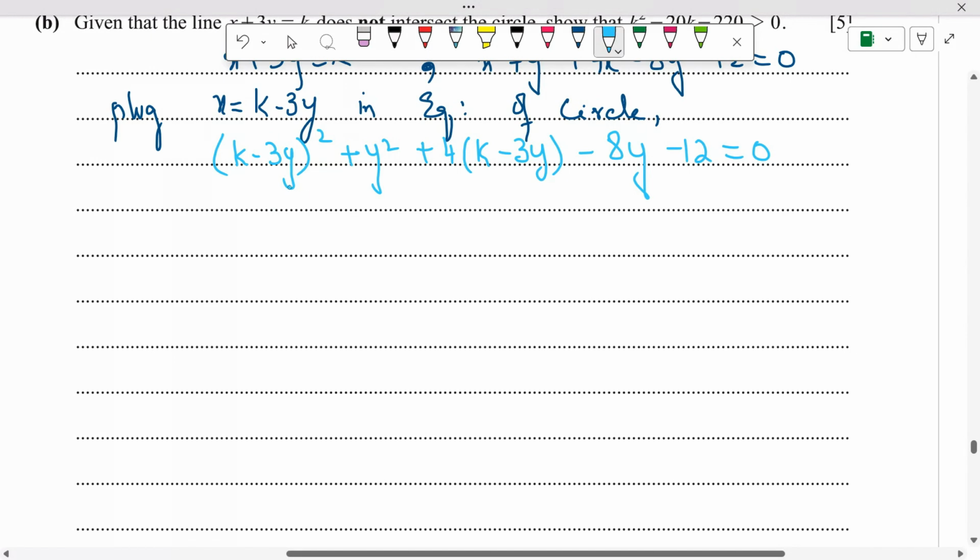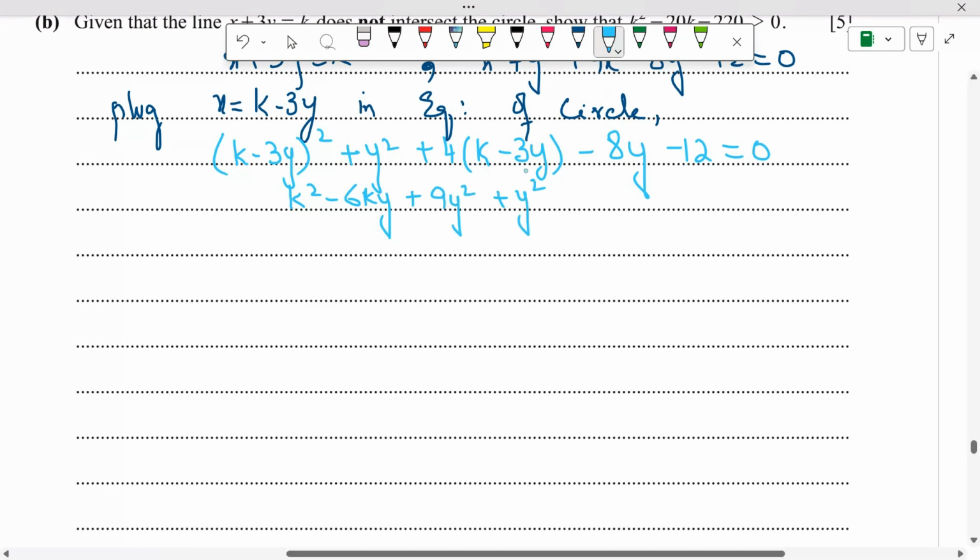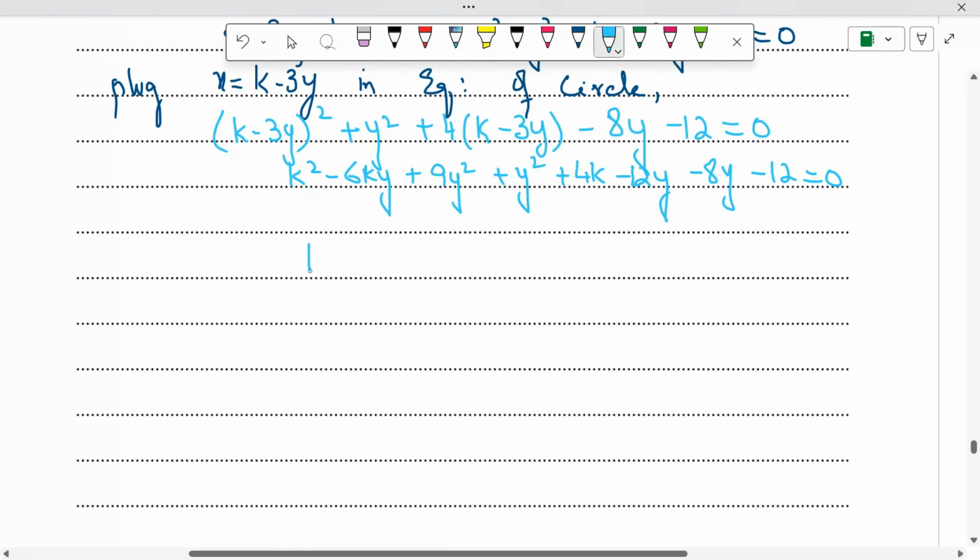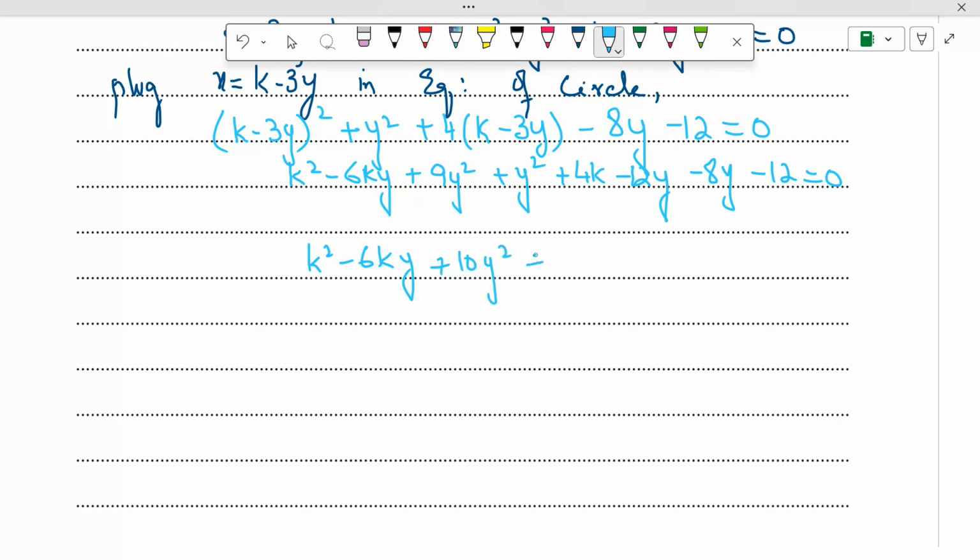Solving further, we have k squared minus 6ky plus 9y squared plus y squared plus 4k minus 12y minus 8y minus 12 equals 0. Simplifying, k squared minus 6ky plus 10y squared plus 4k minus 20y minus 12 equals 0.